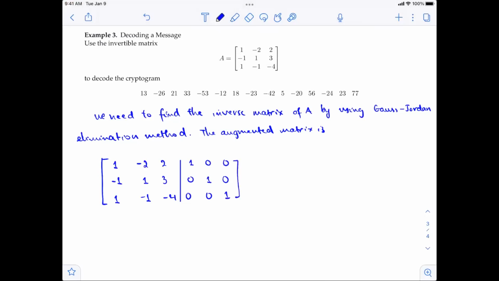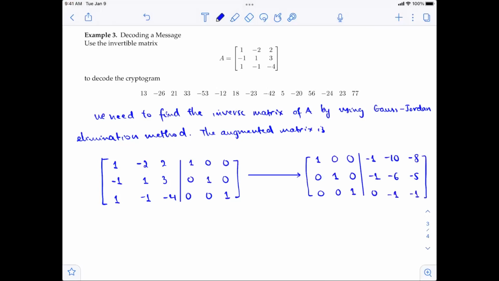And of course, you're going to perform the elementary row operations to obtain the inverse of the matrix. After the elementary row operations, this is what you're going to get: 1, 0, 0, 0, 1, 0, 0, 0, 1, vertical line, and the matrix of the form -1, -10, -8, -1, -6, -5, 0, -1, -1.